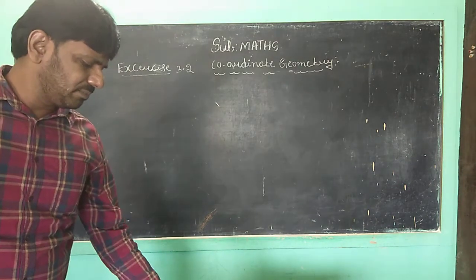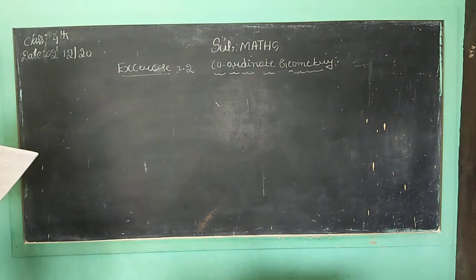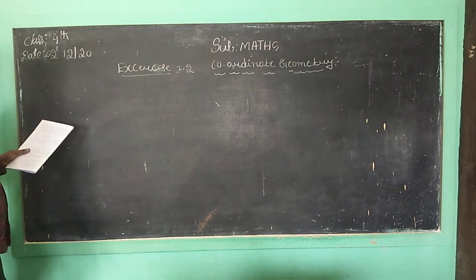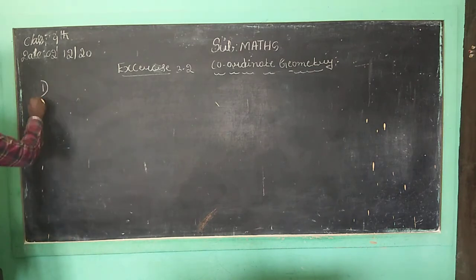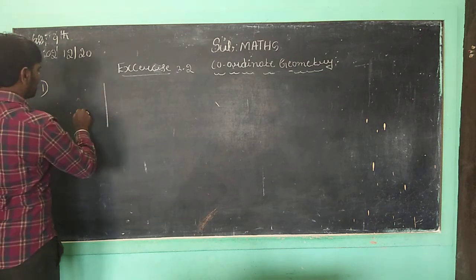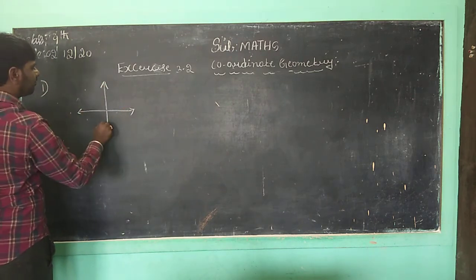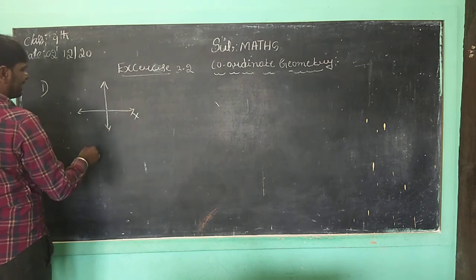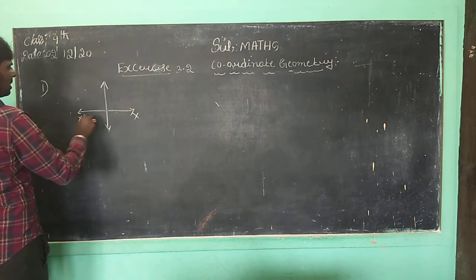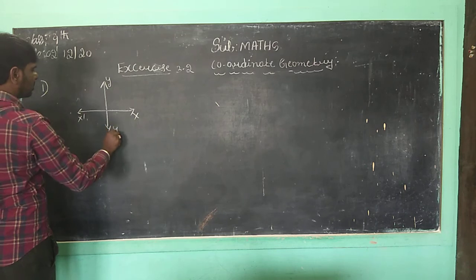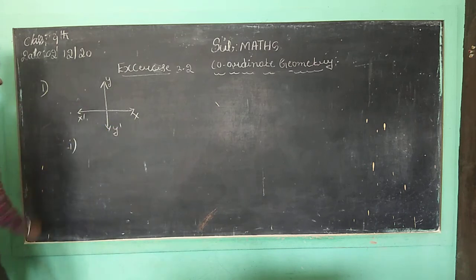What is the name of the horizontal and the vertical line drawn to determine the position of the Cartesian plane? First question. See, children, this is x axis, correct, children? And this is y axis. So, children, what is that?